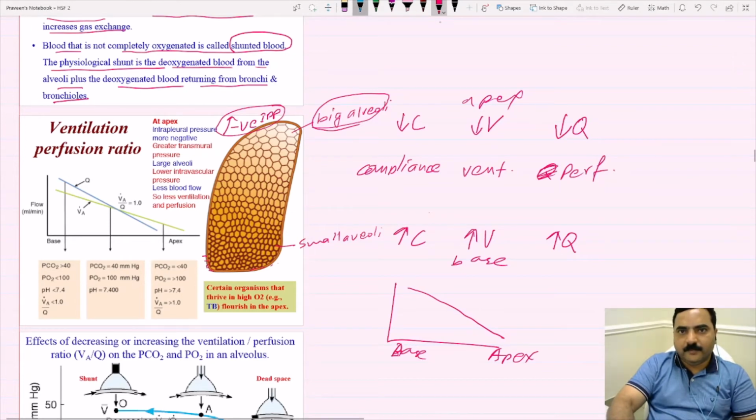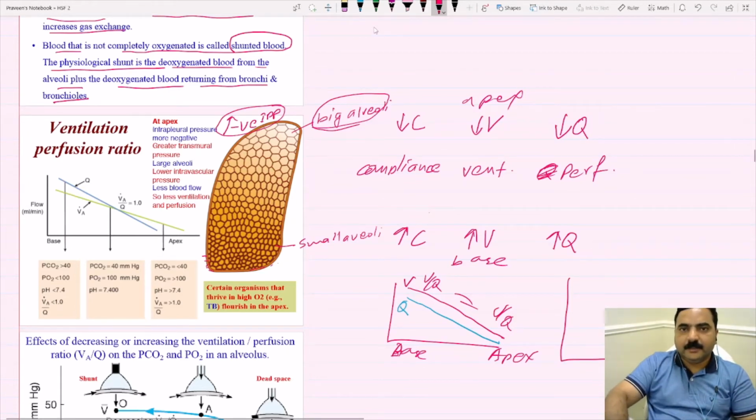If I draw the perfusion line, and it goes parallel like this, that means more perfusion here. This is for the perfusion, and this one is for the ventilation. If it goes parallel like this, that means the V by Q ratio over here is equal to the V by Q ratio over here. But that is not seen like that. Instead, how do we see?